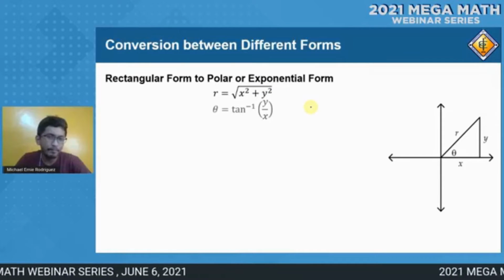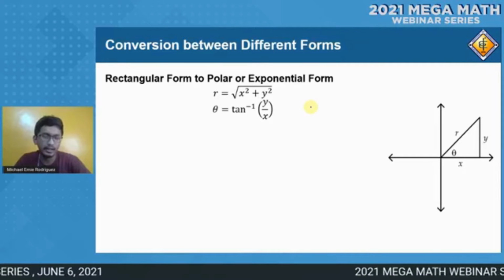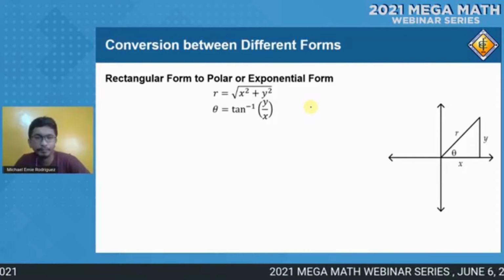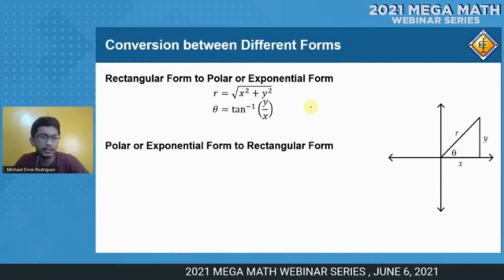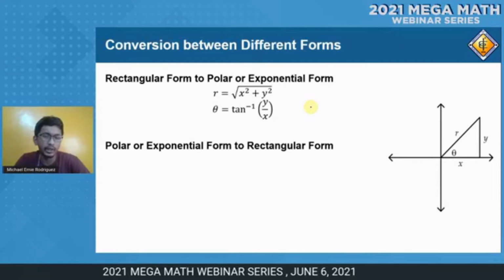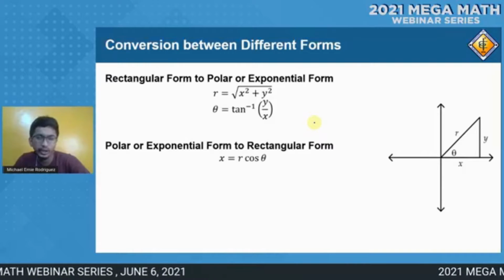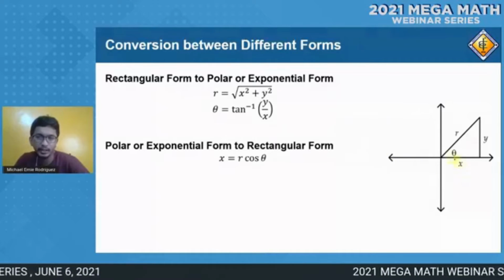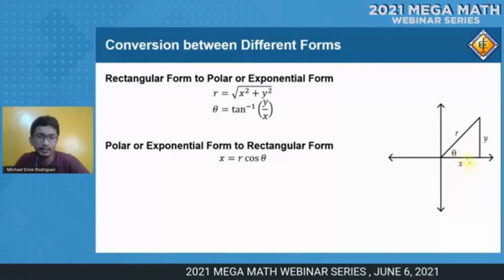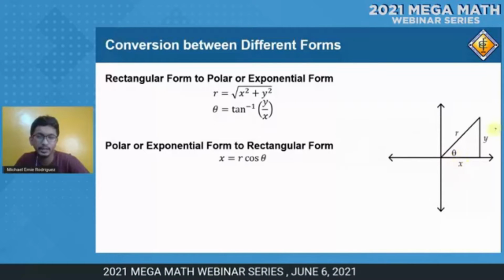And then your theta is arctangent of y over x. And then from polar or exponential to rectangular form, we can use your trigonometric identities, okay? Since ito, di ba, yung x na kinukuha natin, rectangular form in x and y.